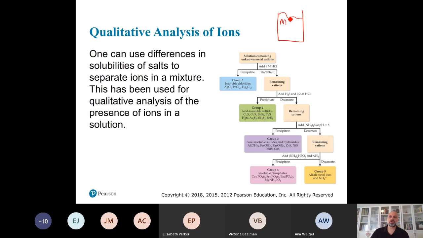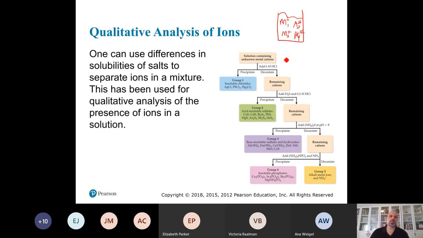We have a metal 1 plus, a metal 2 plus, metal number 3 with a 1 plus, and, I don't know, a metal 4 with a 3 plus charge. So you have all these different metals sitting in solution.